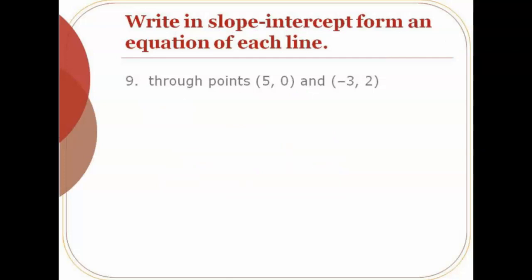Write in slope intercept form. So slope intercept is y equals mx plus b. Really, following the directions is a big part of this, because the previous ones were standard. This one is slope intercept. We're given 2 points, which means I need to use my slope formula again. So we'll label x1, y1, x2, y2.